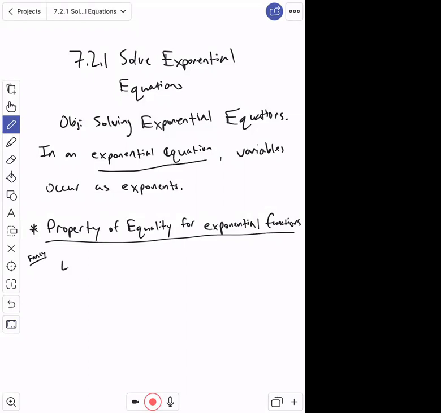It states, let b be greater than 0 and not equal to 1. So b is positive, it's not equal to 1.